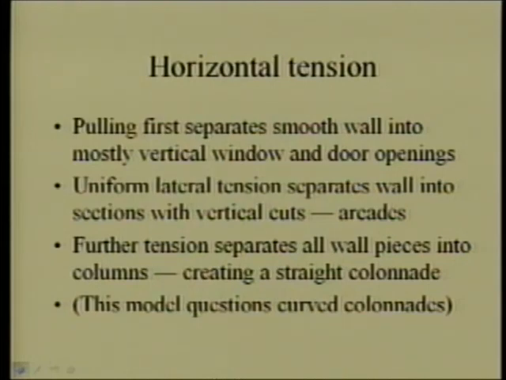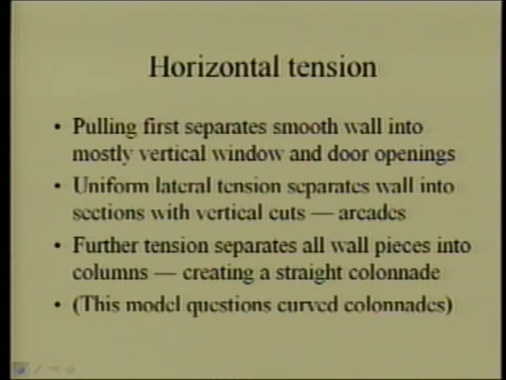Let me apply this model to a wall. Pull a wall horizontally, and it first separates into mostly vertical window and door openings. Then if you keep pulling it uniformly, it will separate the wall into arcades with large vertical cuts, and then further pulling will separate the wall pieces into columns, and you're creating a straight colonnade.